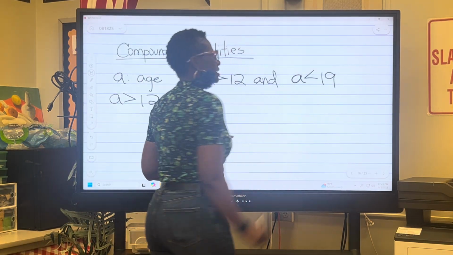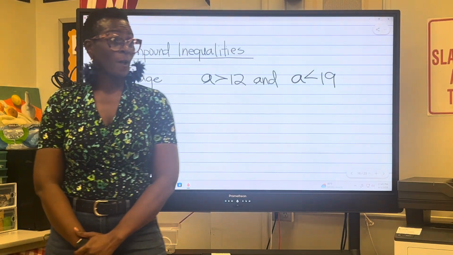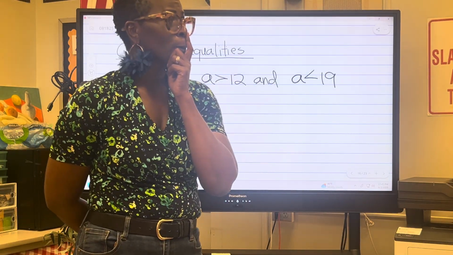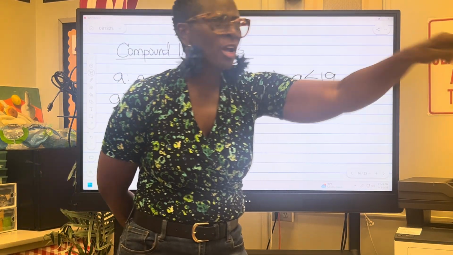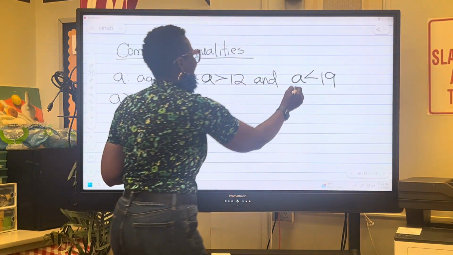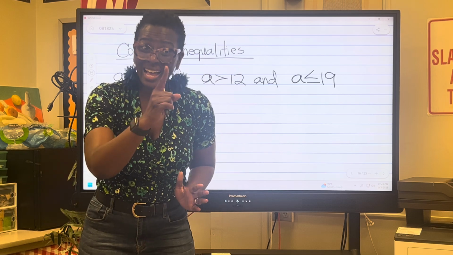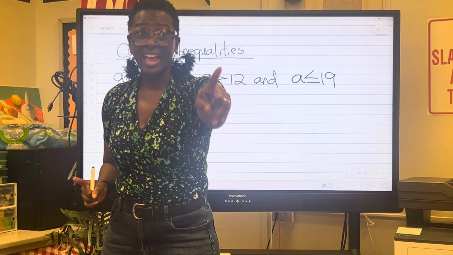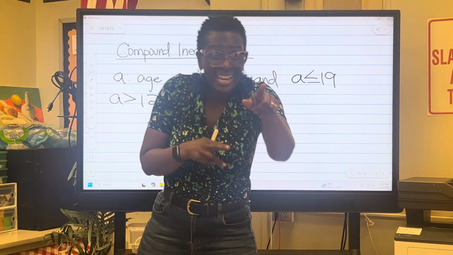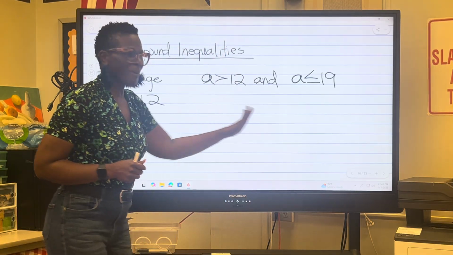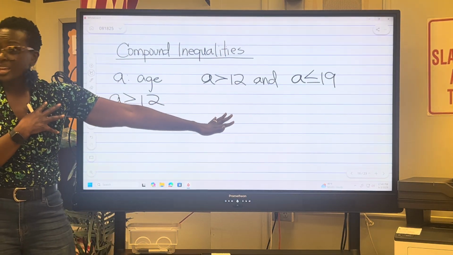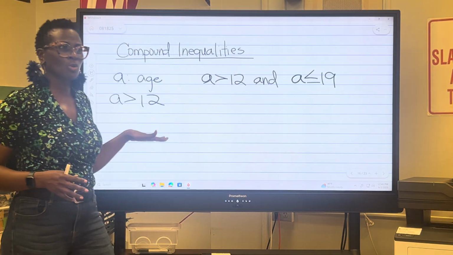Do we agree with this? What's wrong? Less than or equal to. Why do we put an 'or equal to' for the 19? Because can they be 19? Yes, because I said no more than, which means they actually could be 19. Good job, sir. Everybody following? These are my two constraints.